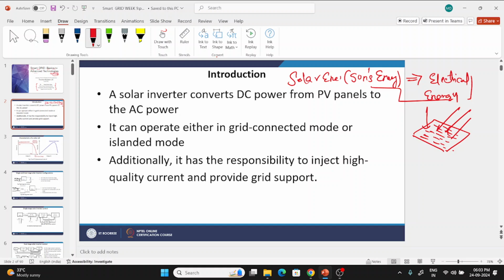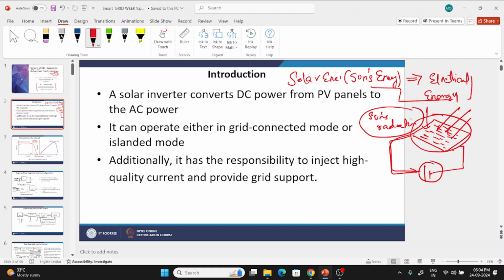On these panels, the sun's radiation falls down, and due to this radiation, as we already talked about, the electron gets energized and starts to flow if the circuit is completed. We can store this energy in a battery.